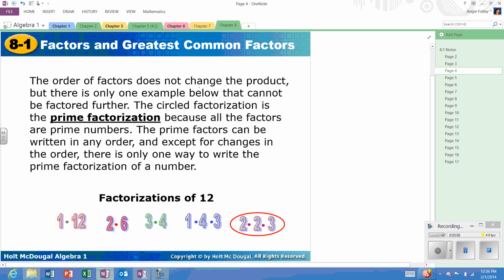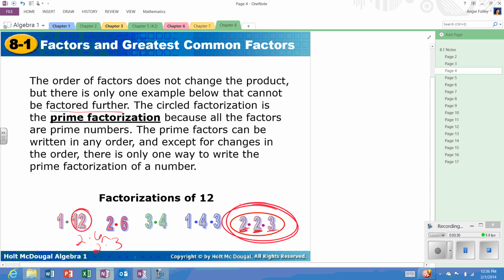The order of factors does not change the product, but there's only one example that cannot be factored any further, meaning no other numbers go into those other numbers. So this is called the prime factorization because we can't divide the numbers 2, 2, and 3 any further. On this one, we could have divided 12 further into 6 and 2, and then 6 we could have divided into 2 and 3.